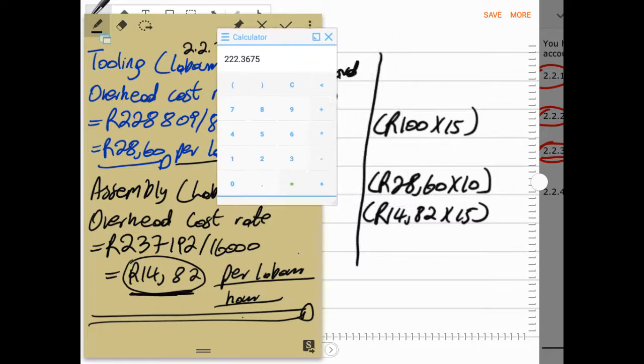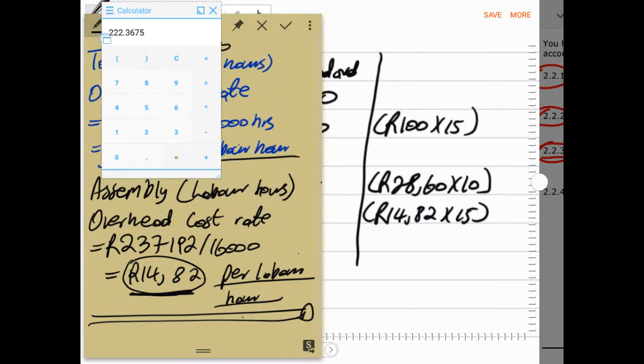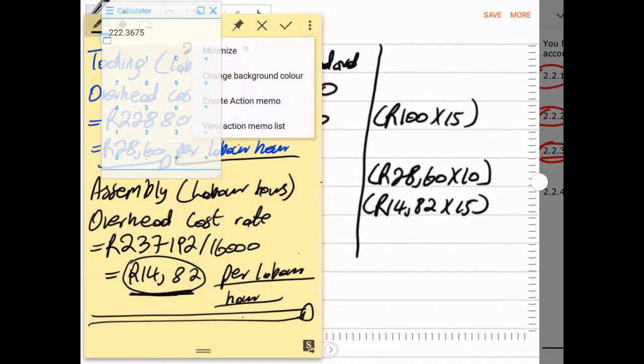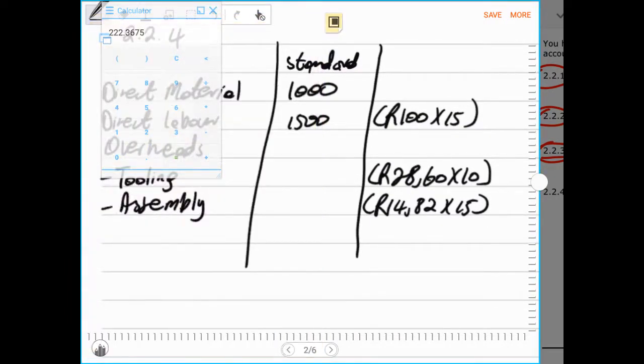Yes, please take all the decimals, guys, if you still need to use the amount in the future. So that is why I have to go back to the original amount. Then we have 222 rand 37 cents.